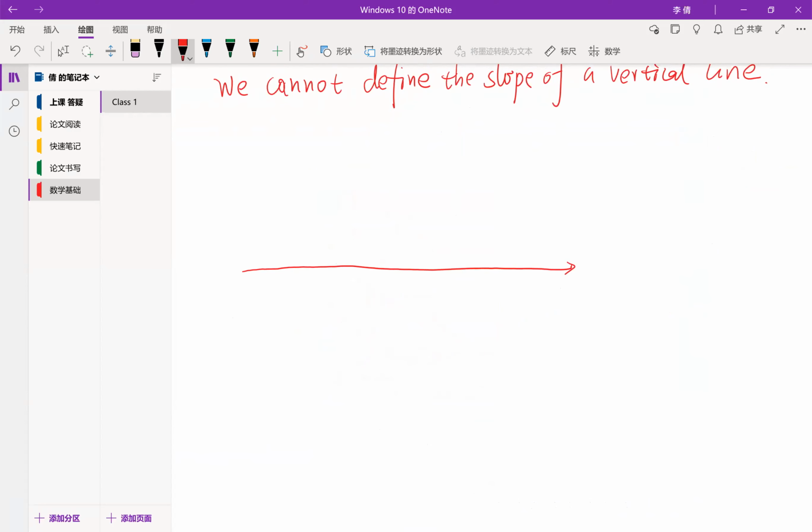Okay, we draw a point, and you tell me the slope of this line. This is 1, 2, 3, 4, 5, and this is 1, 2, 3, 4, 5.